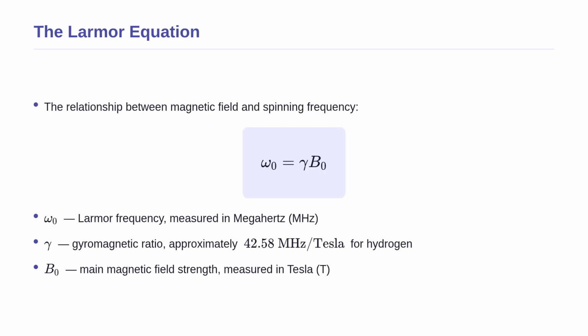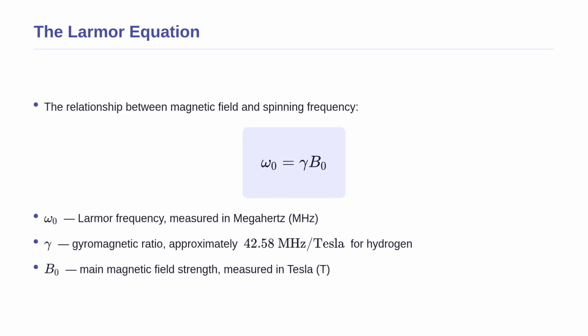This spinning behavior we just discussed is governed by a fundamental rule of physics known as the Larmor equation. Conceptually, this formula tells us that the frequency at which protons spin is directly proportional to the strength of the magnetic field they are in. Omega 0 represents the Larmor frequency, which is the speed of the proton's wobble, measured in megahertz.